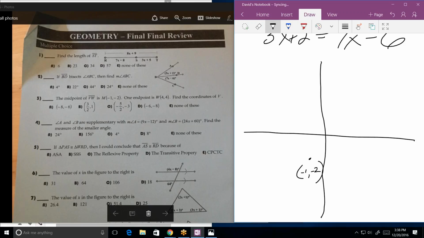Label one of the endpoints, 4, 4. Connect them. And way down here is another endpoint. What is it, and how do you figure it out?